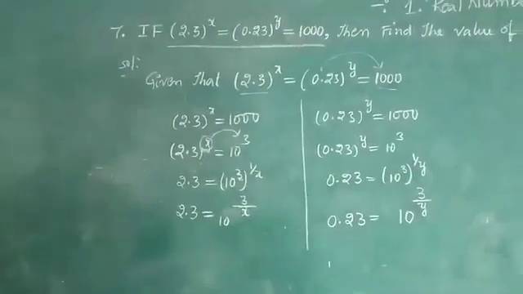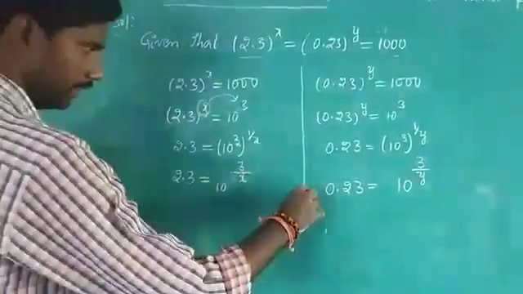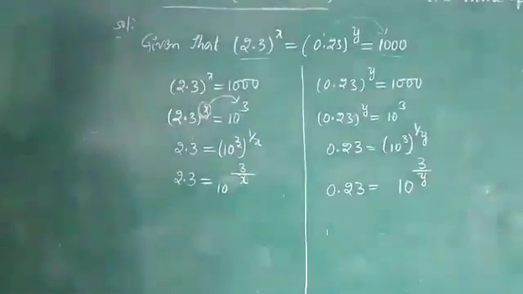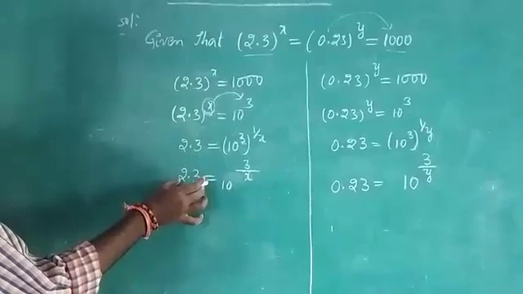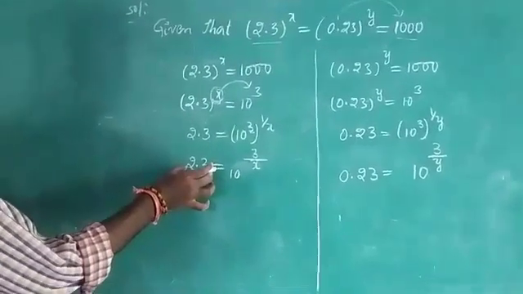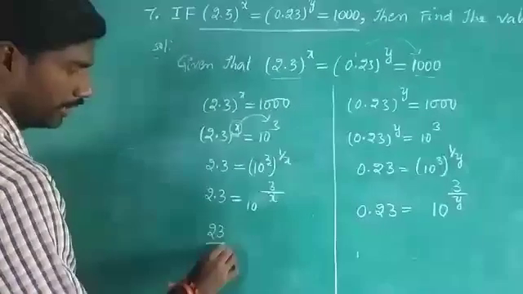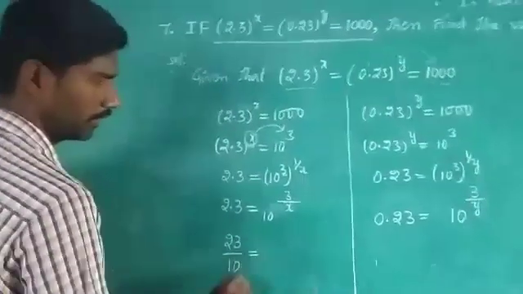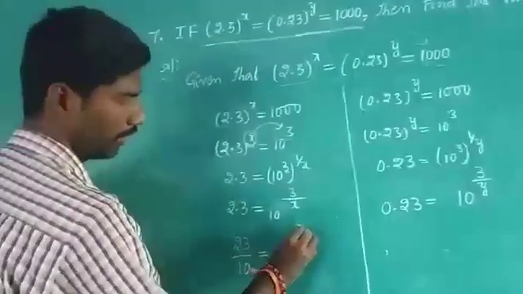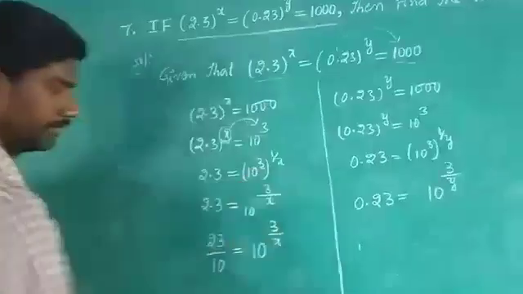See, here is a very important point you need to understand clearly. Here only the problem you will get. The 2.3, right? This decimal point you are writing as a fraction. So you will write 23 by 10 is equal to 10 to the power of 3 by x.